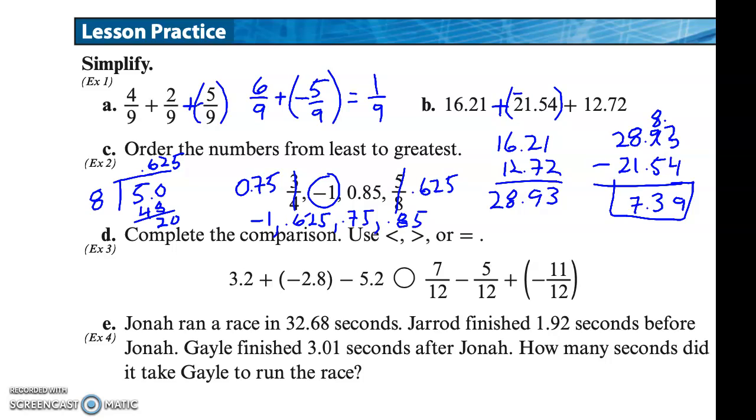All right, problem D. 3.2 plus negative 2.8 minus 5.2. Remember, this is adding a negative 5.2, right? So I have two negative numbers, 2.8 and 5.2. I'm going to combine them. 5.2, 2.8. It's 10.8.